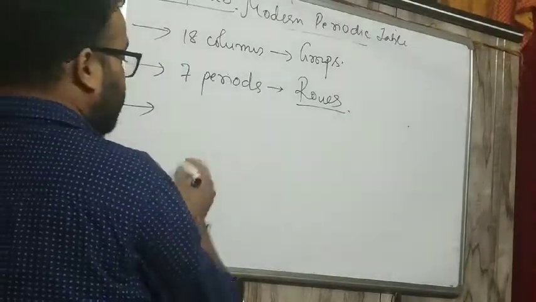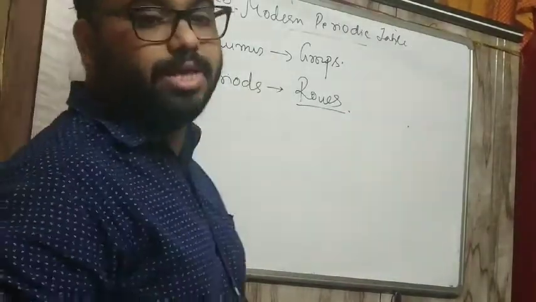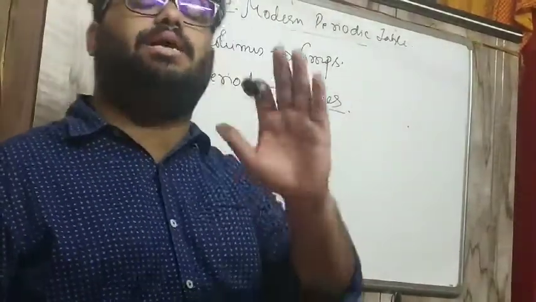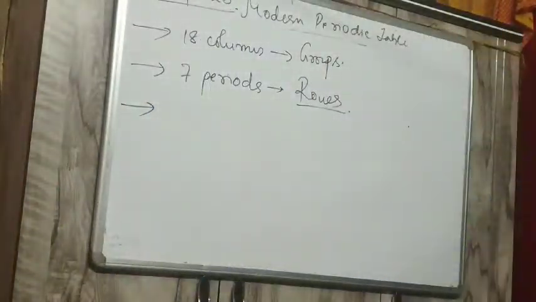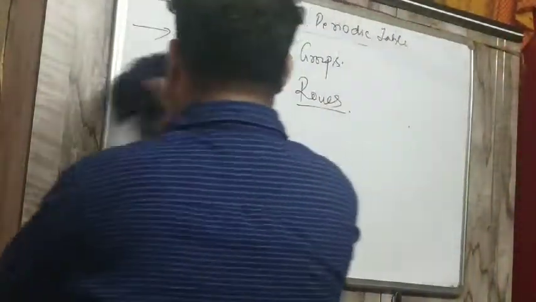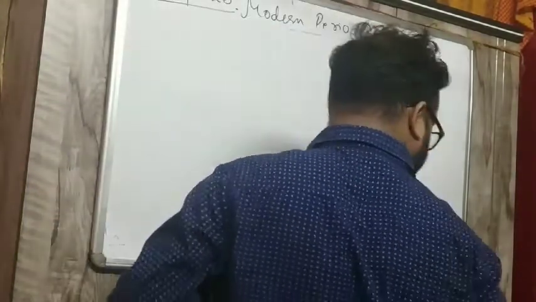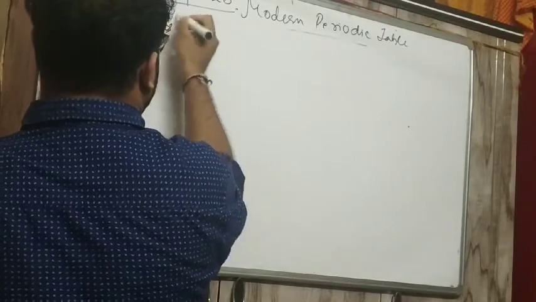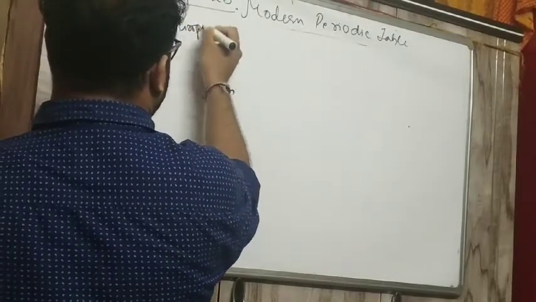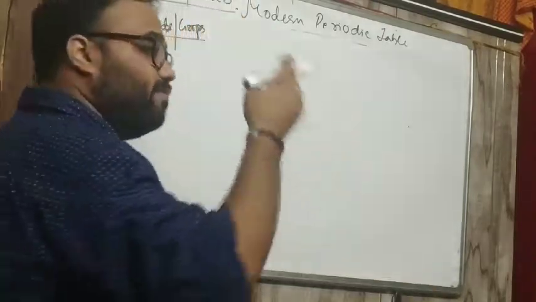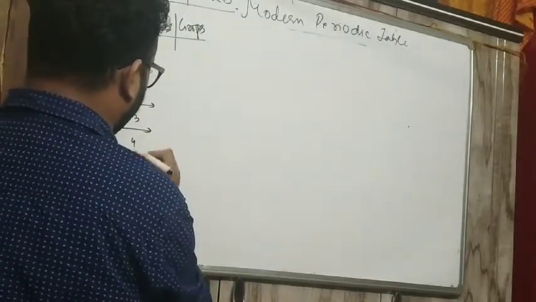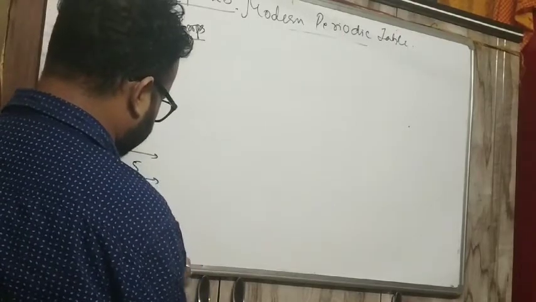Also, the groups have different names in the modern periodic table. We will be basically discussing the periodic table only today. If I draw the periodic table roughly, you have periods and you have groups. The periods are on the left side: 1, 2, 3, 4, 5, 6, 7.